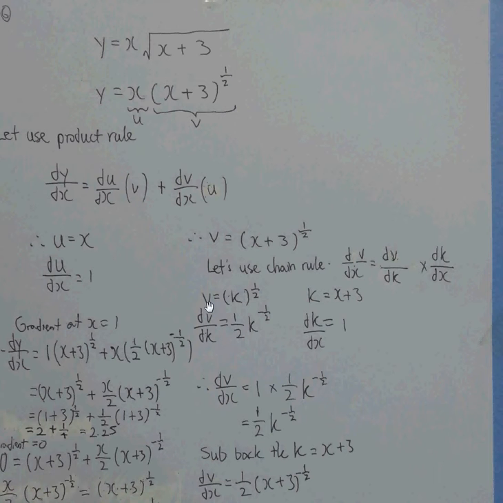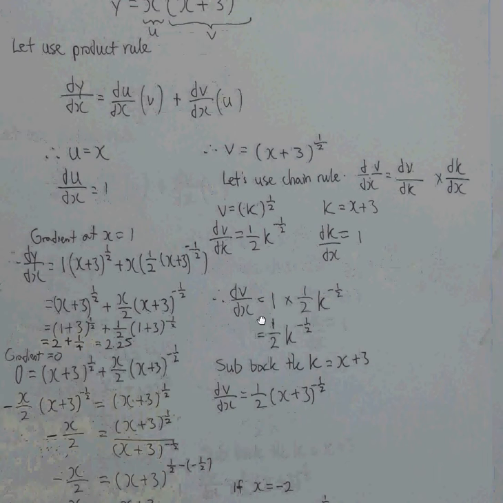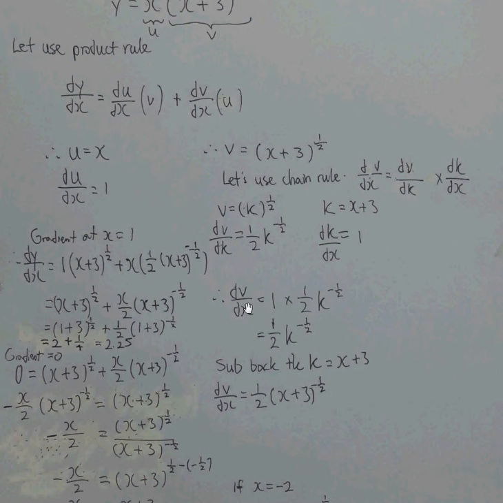After differentiating v, we have half k to the power negative half. So dv over dx is 1 times half k to the power negative half. Realizing we have a k there, we put the original value of k back, and this is our dv over dx.